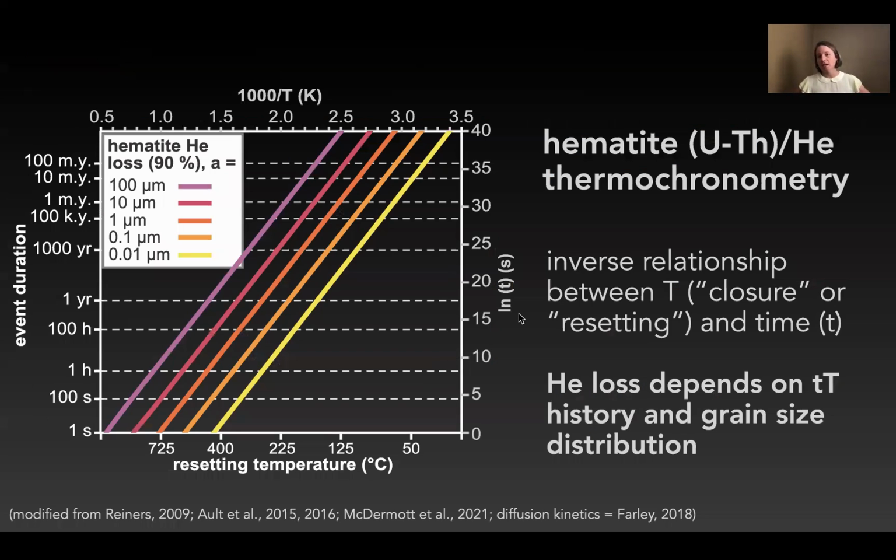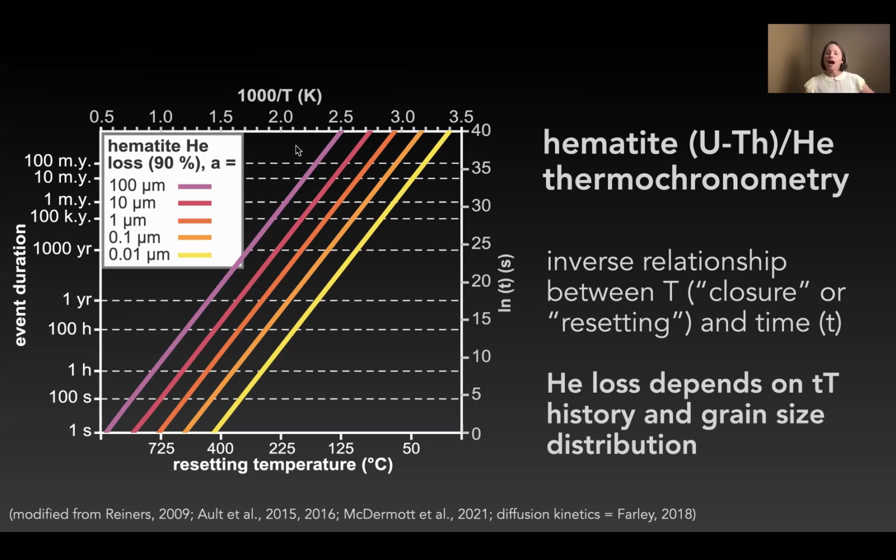Hematite is amenable to uranium-thorium-helium thermochronometry. And this tool is sensitive to a range of crustal thermal fields. This is a pseudo-Arrhenius diagram with temperature on the x-axis and time on the y-axis. And what I'm plotting here are 90% helium fractional loss contours for different hematite grain sizes and with known helium diffusion kinetics.